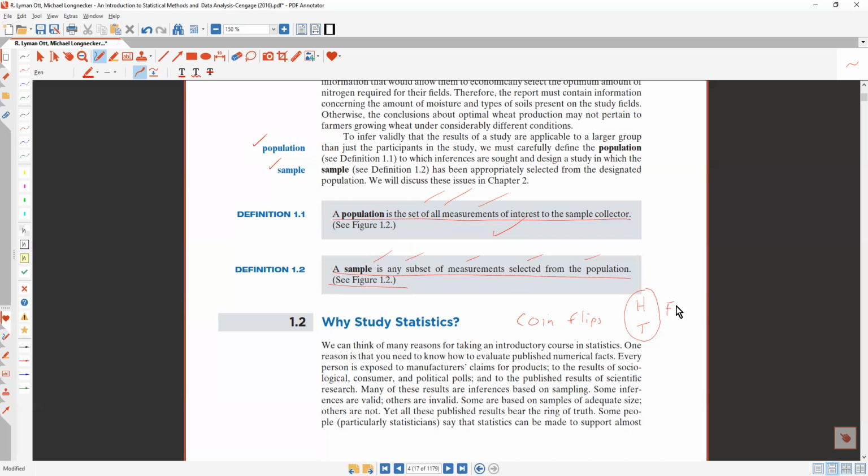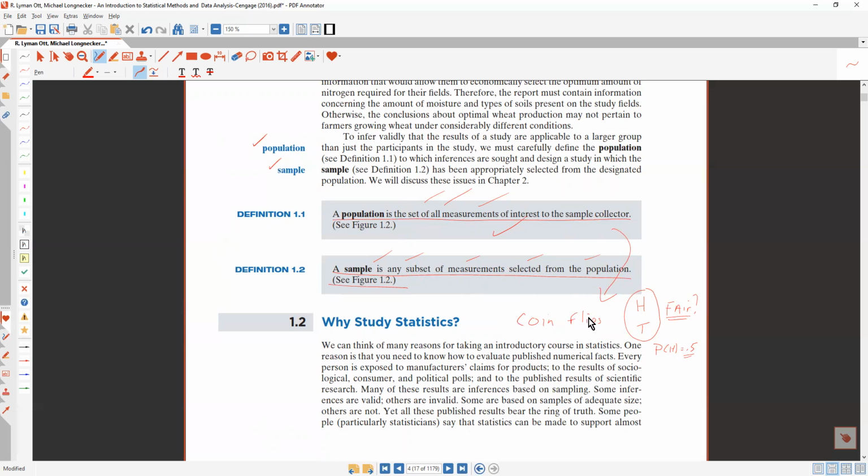So in other words, you want to know, is the coin fair? Right? And what's a fair coin? The fair coin is the probability of heads equals 0.5. So it's going to be a fair coin. Half the time it's going to come up heads, half the time it's going to come up tails. What would be our population? Well, if you read the definition, population is a set of all measurements of interest. What's the set of all measurements here?